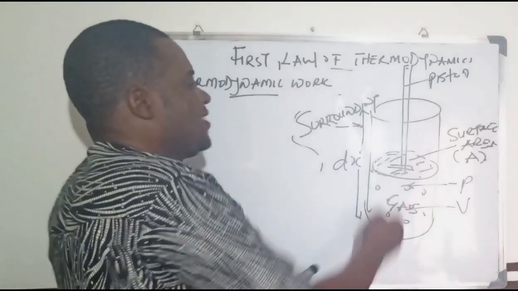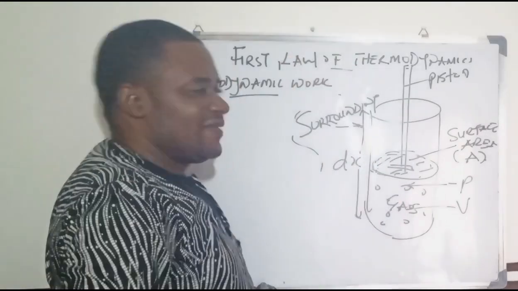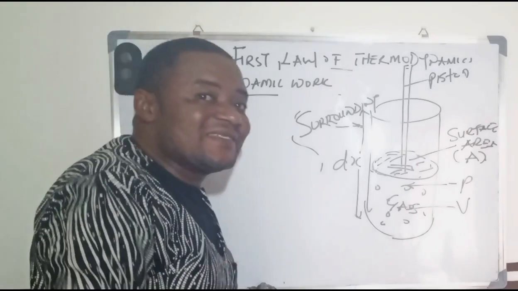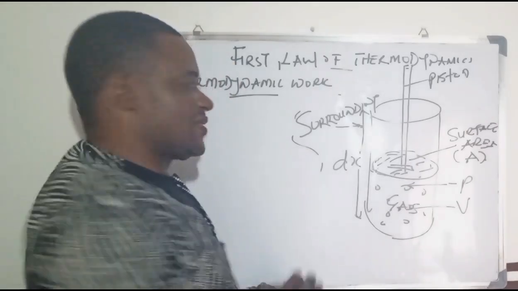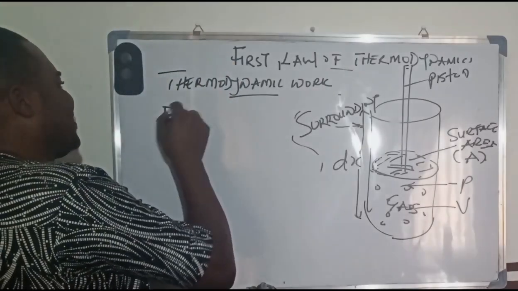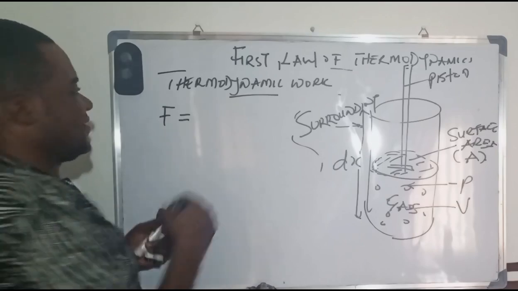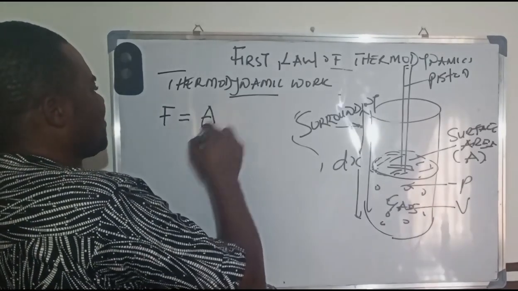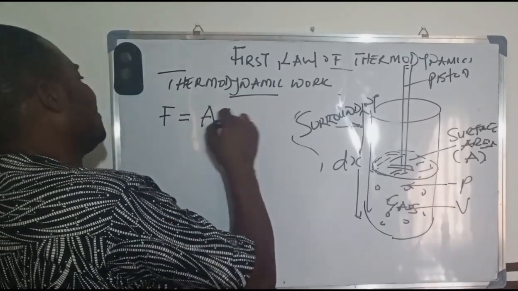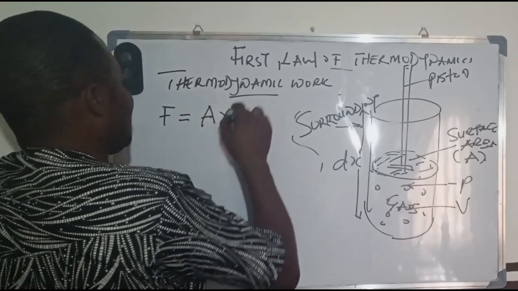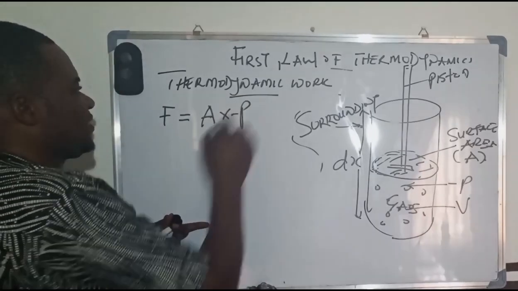This piston is going up and coming down. Therefore, as it's coming down, it's exerting a force. In thermodynamics, the force exerted by the piston is simply the surface area multiplied by the pressure, that is minus P.